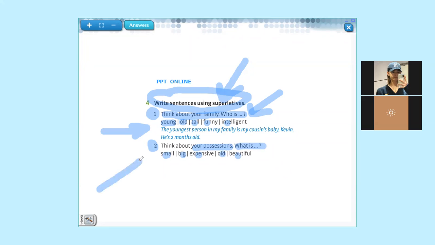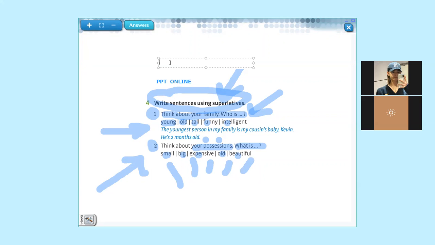What is small, big, expensive, or beautiful? Okay. In the part number 2, you are going to talk about your possessions, your car, your house, your bicycle, your computer, your TV, your cell phone. And you are going to use all these adjectives that you have here, and you're going to make sentences.